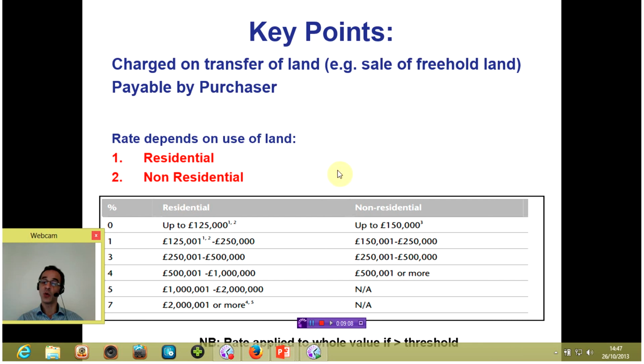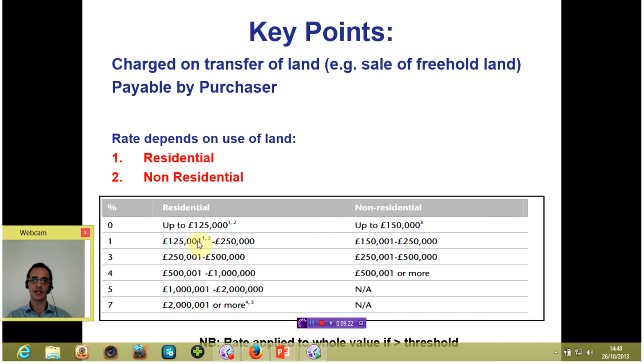Also bear in mind that the rate is applied to the whole value rather than the excess. Let's say it was residential, as you can see here on the left-hand side, and it was somewhere around 150,000, where the 1% would apply, and it would apply to the whole value rather than the excess over 125,001. Okay, so watch for that, because that changes slightly when we move through this section.